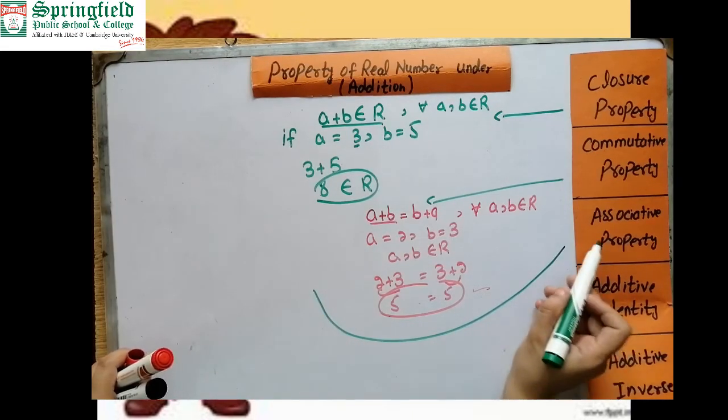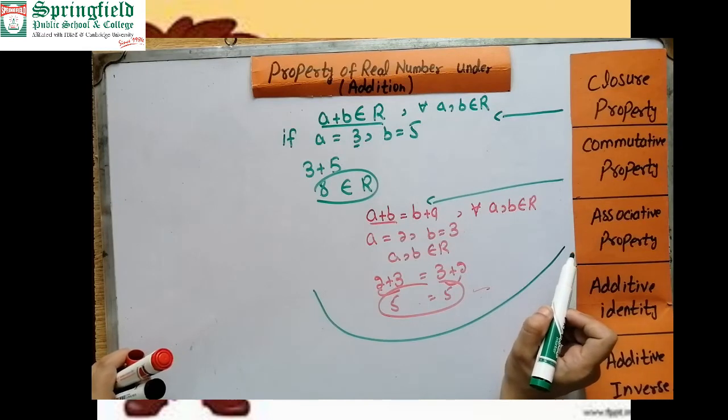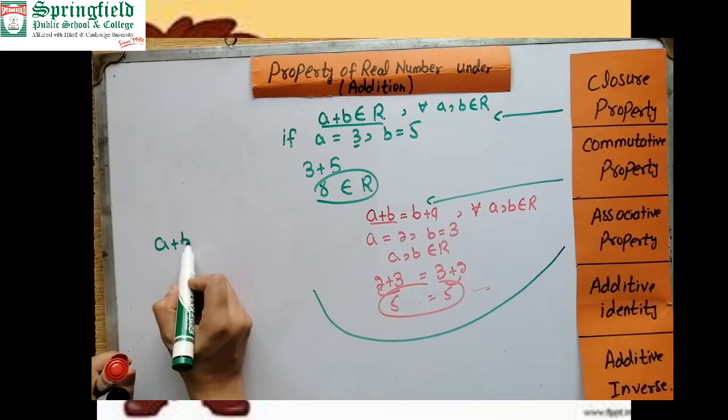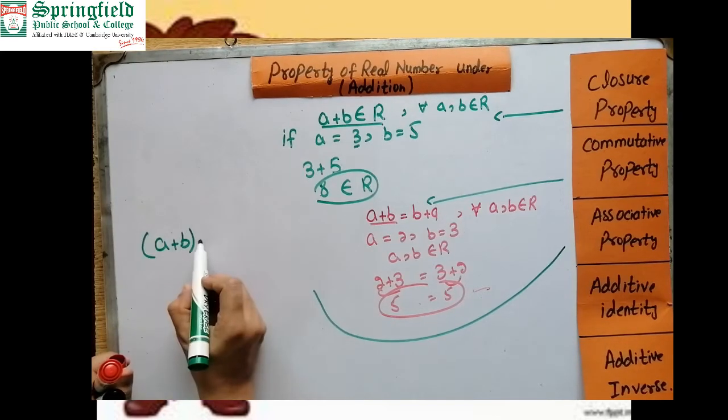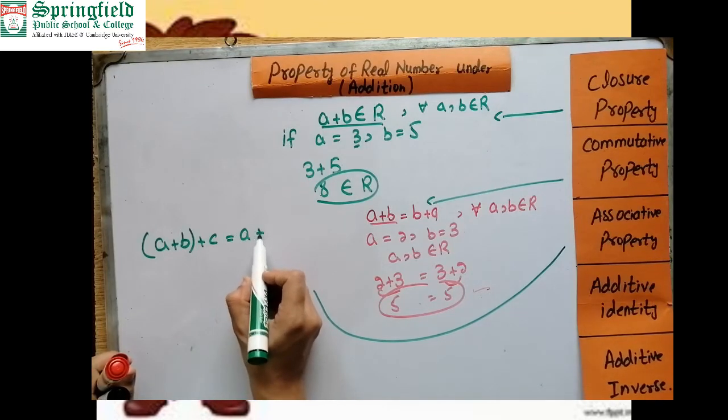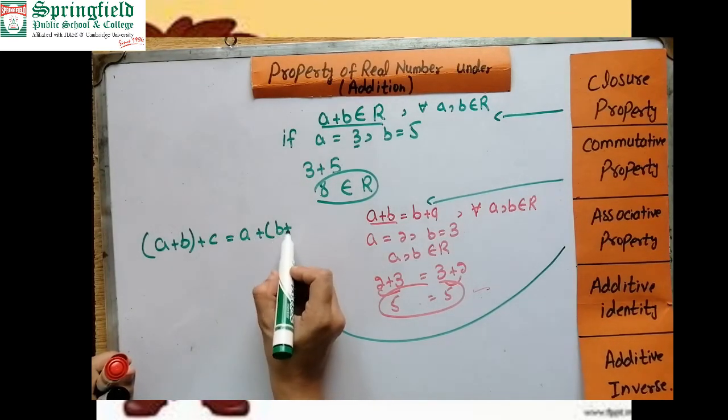The third property is the associative property, which is that (A plus B) plus C must be equal to A plus (B plus C).